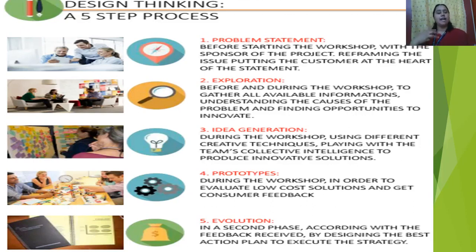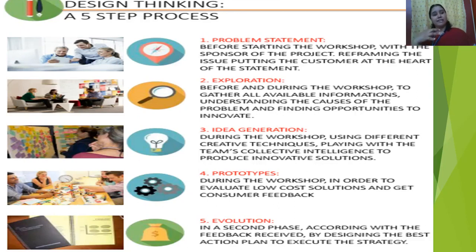You will develop different alternatives as solutions for the problems which have been faced. Then the third step is idea generation, where you think of different notions and ideas for creative problem-solving methods. This will be a part of your collective intelligence process, and this will produce innovative solutions to the problems which have been faced.